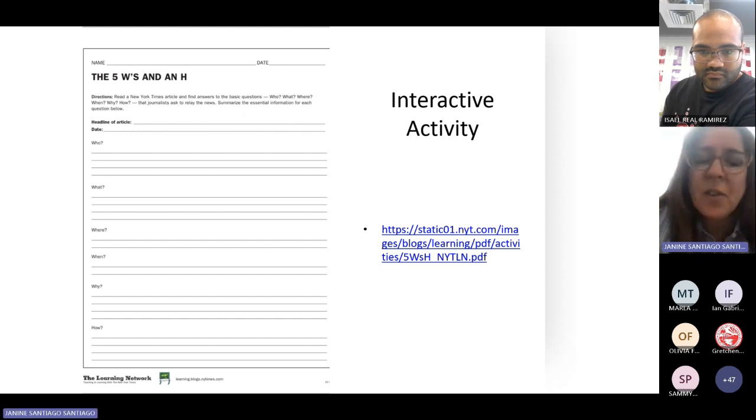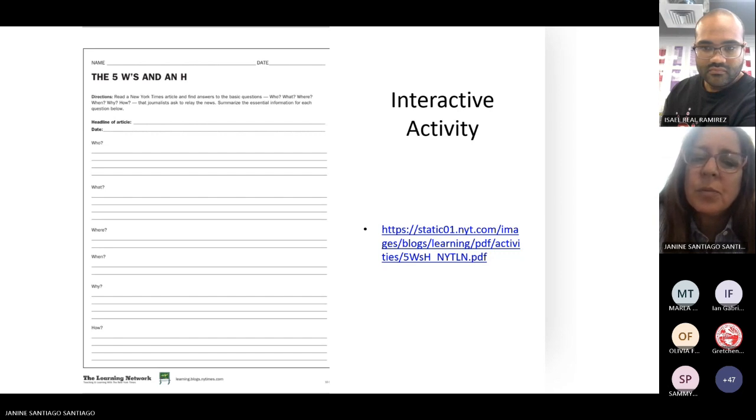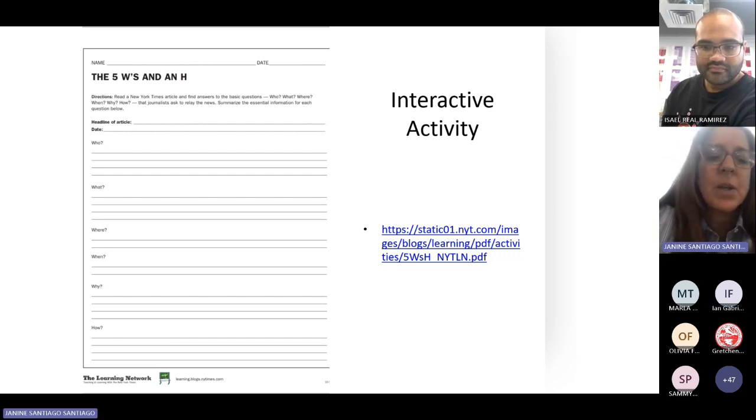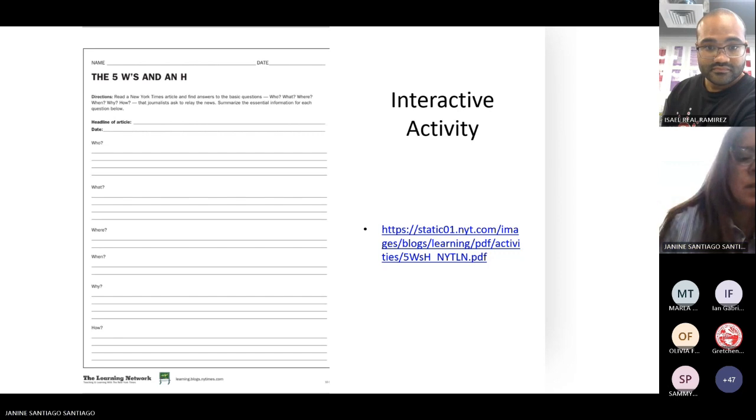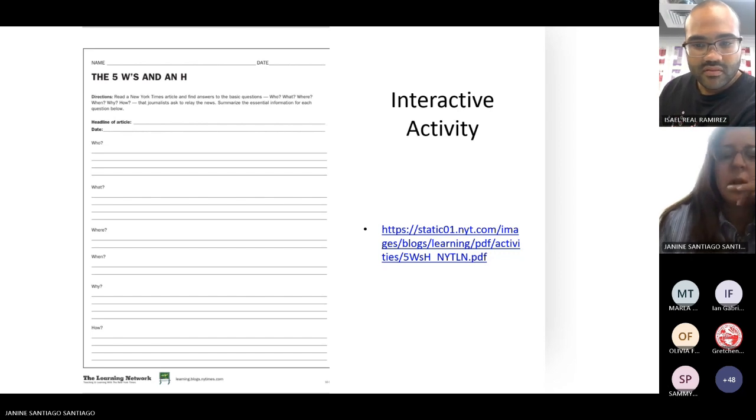Can you open it together? Okay, now we're going to go to the article.